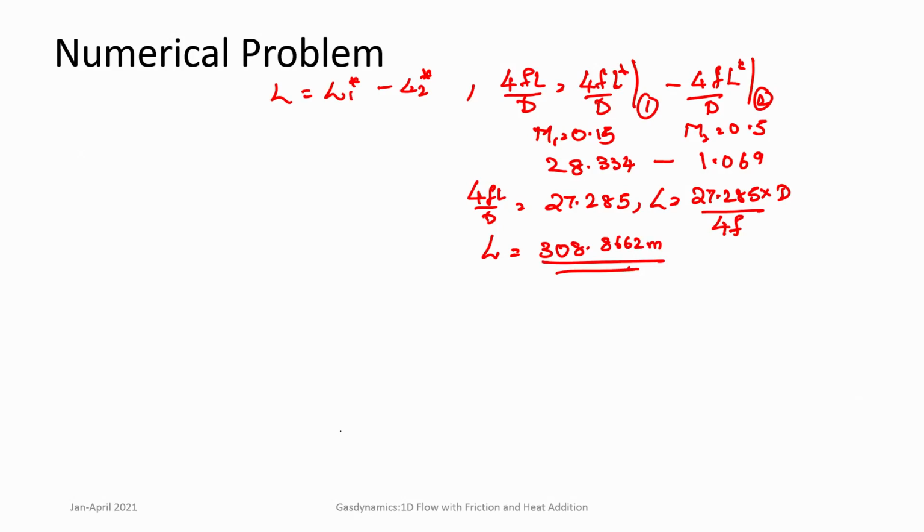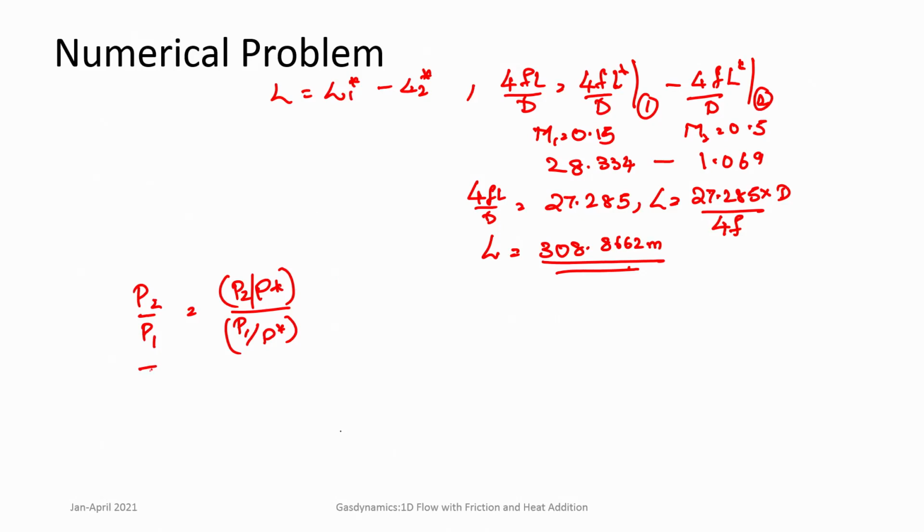Okay. Now what are the pressures and temperatures? How do we get to that? So we need P2 by P1. This is nothing but P2 by P star divided by P1 by P star. Okay, and these values can be directly found out from tables.